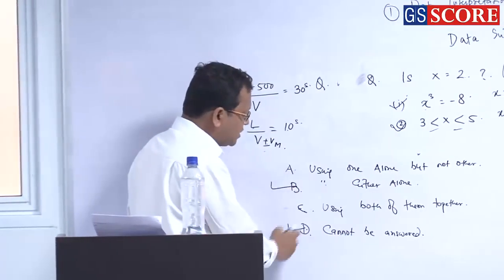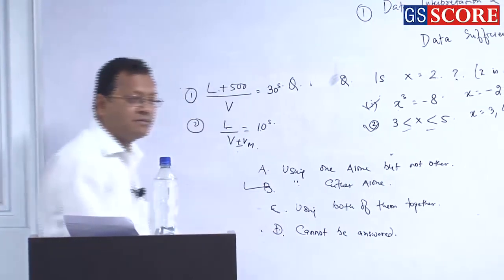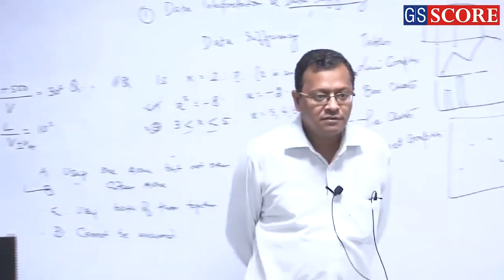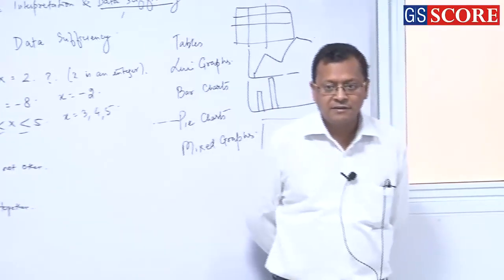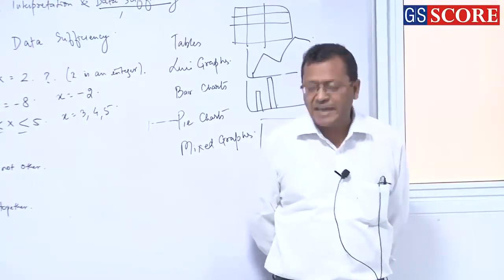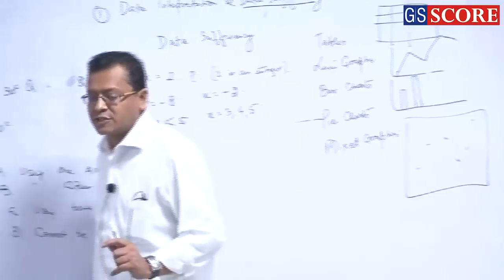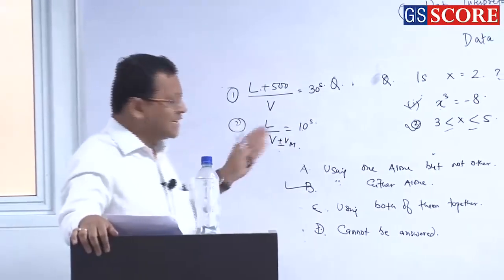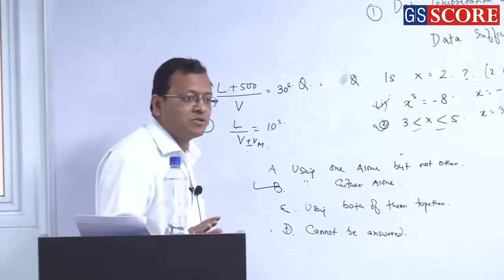So the answer to this question in this case will be B. Clear or not, everybody? Right? Any questions, any doubts or anything, please ask me. Understanding or not? So there can be two questions. Yes or no can be an answer to the question.